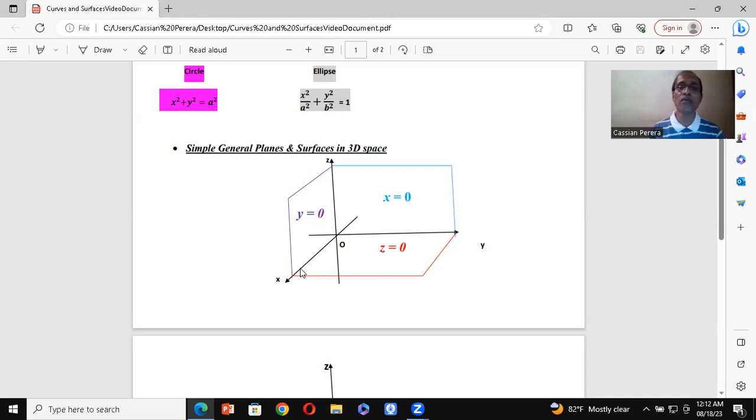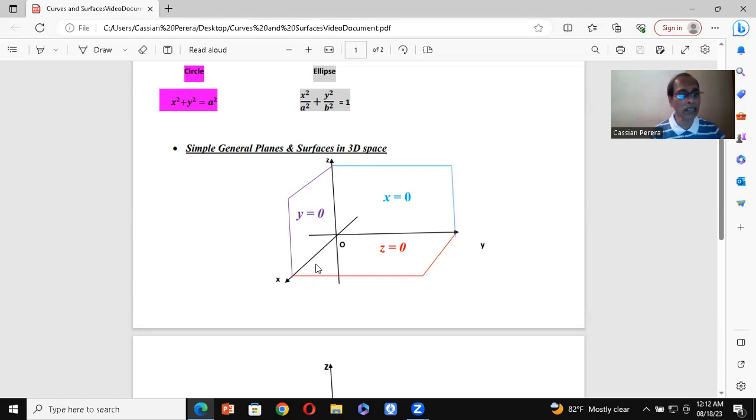Now, what is the equation of the x-axis? The x-axis is the intersection line of the y equals 0 plane and the z equals 0 plane.